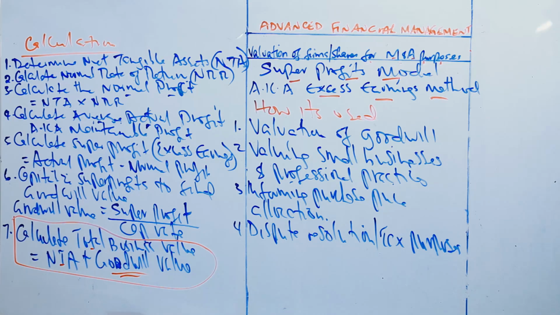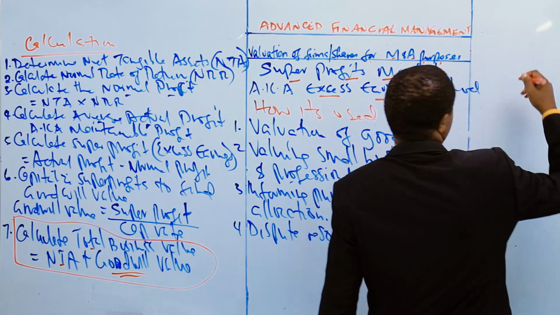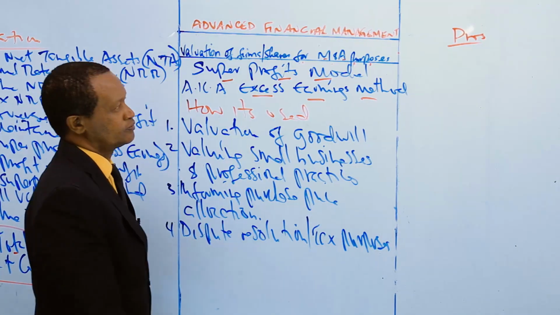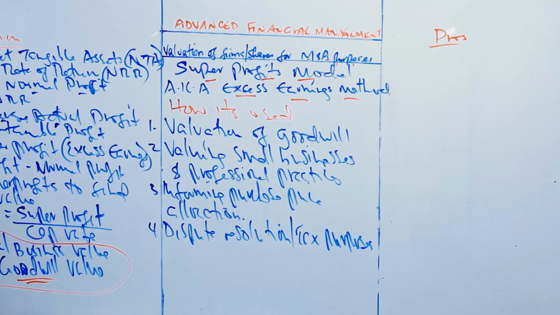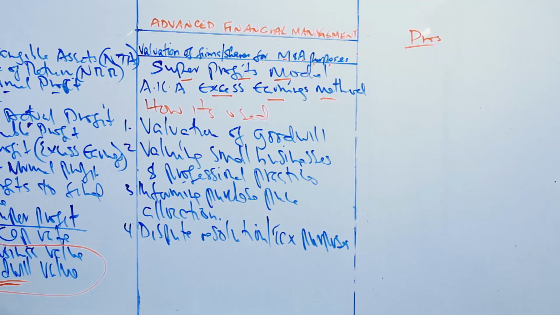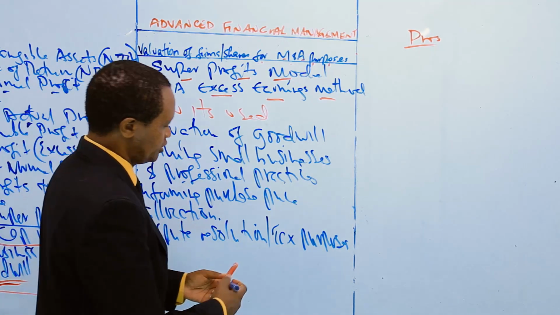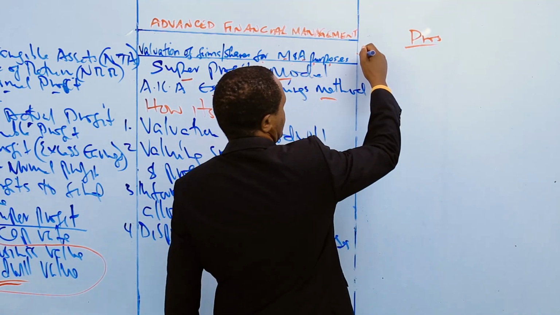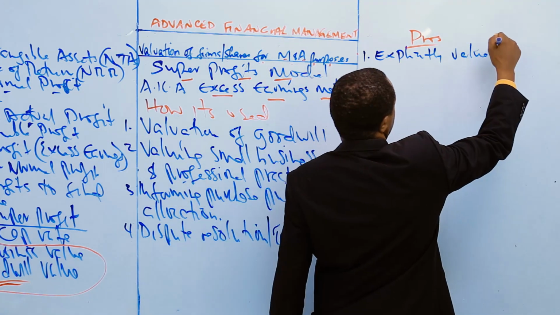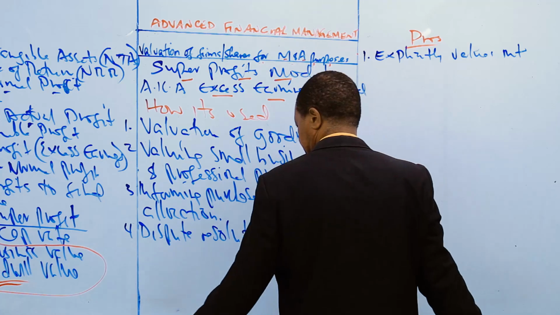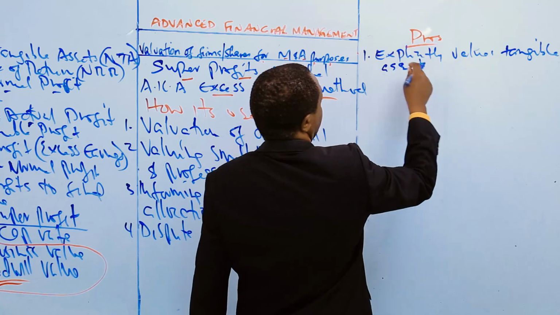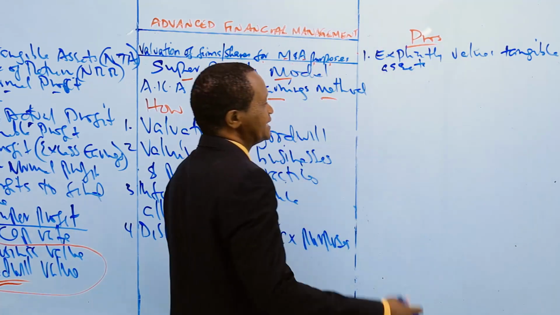Now let's move to discuss the advantages and disadvantages of this method. What are the advantages of valuing a firm using the super profits method? One, this method explicitly values intangible assets.